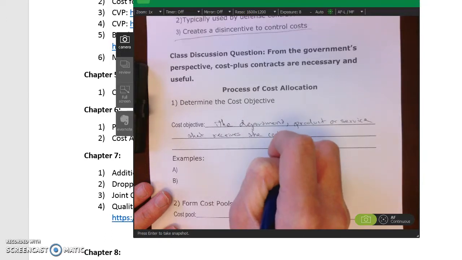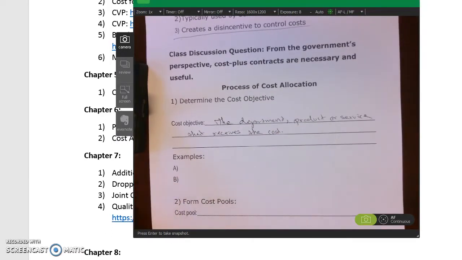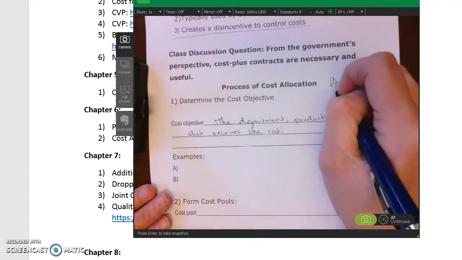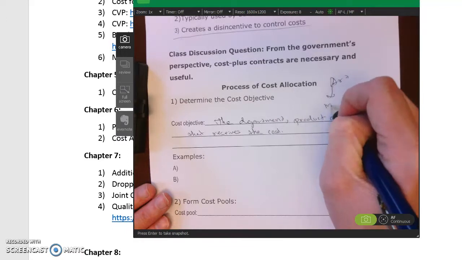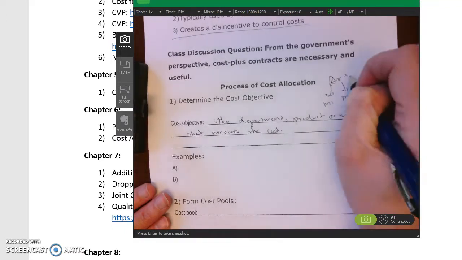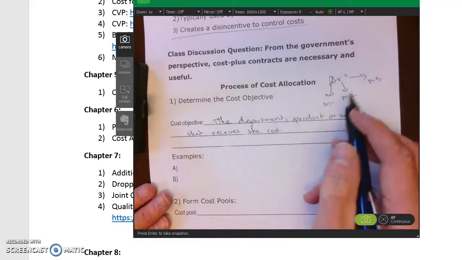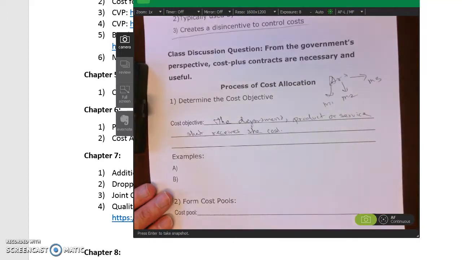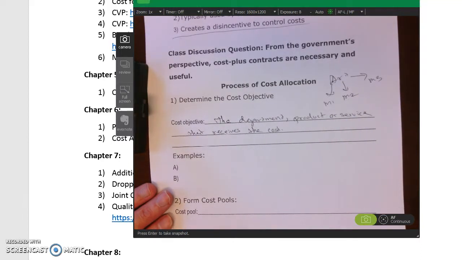Okay? So in the example that I talked about with the art department, remember the art department allocated their cost out to these different magazines. In this case, the cost object is that magazine. It's the product, department, or service that receives the cost.